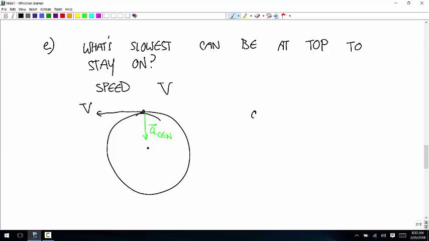The magnitude of the centripetal acceleration is v squared over r. What was the r? 2? And so the total acceleration is 0, negative 0.5 v squared.